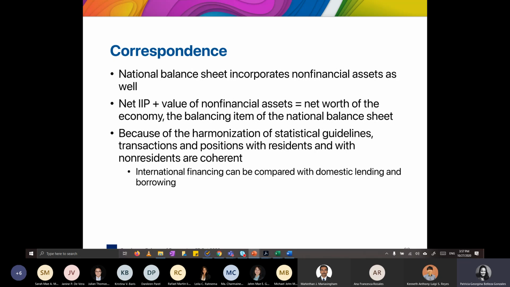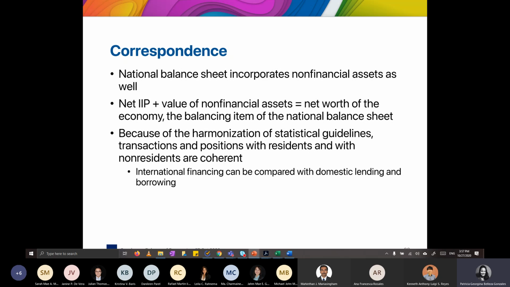For example, in macroeconomic policy, if the exchange rate increases, then the value of the foreign borrowing will increase in terms of domestic currency. That may have implications on the macroeconomic health of an economy.